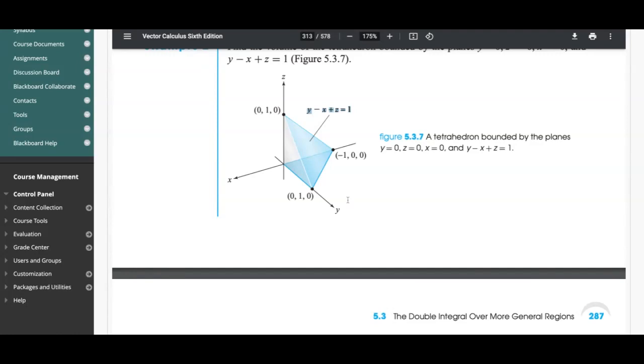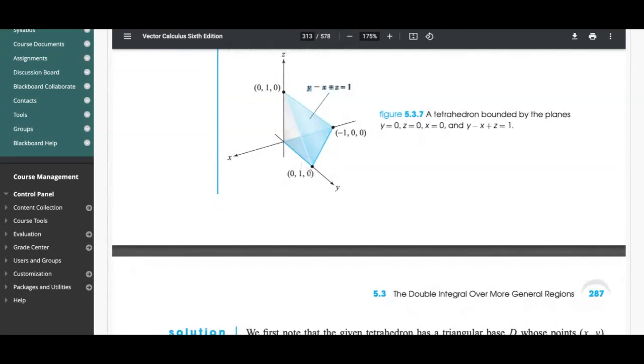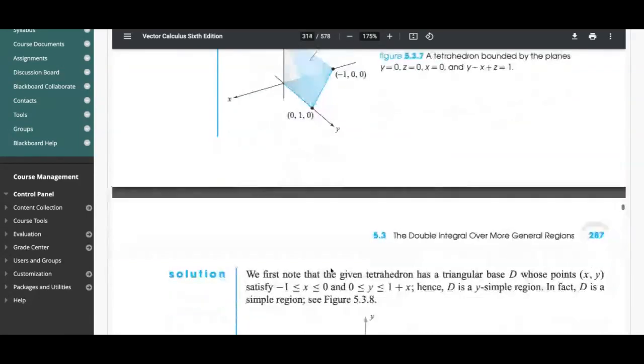That's no problem, but by convention we usually go with the xy plane. On the xy plane we see a triangle. So we need to fix one direction, either x or y, then find the dependency of y in terms of x or x in terms of y. So we have a choice.